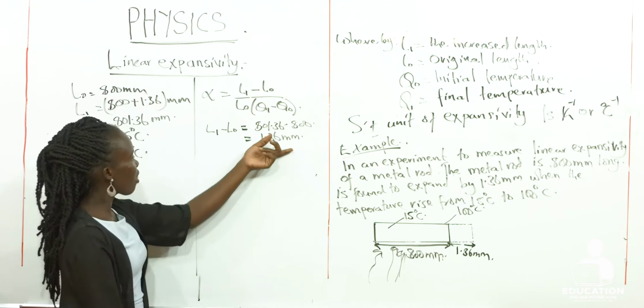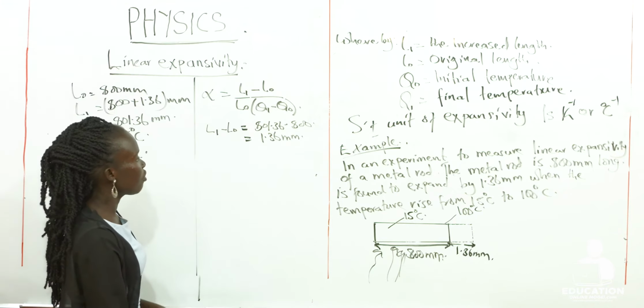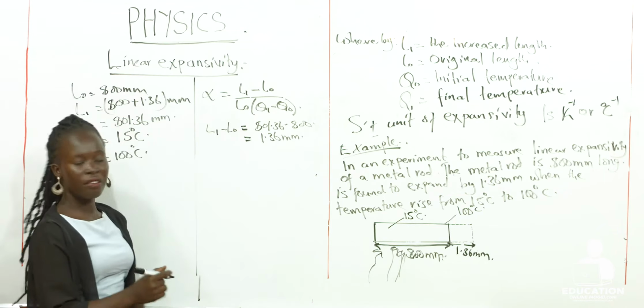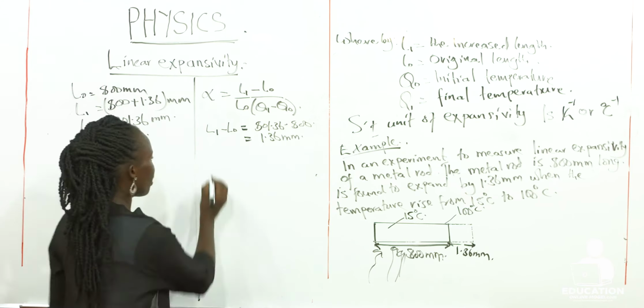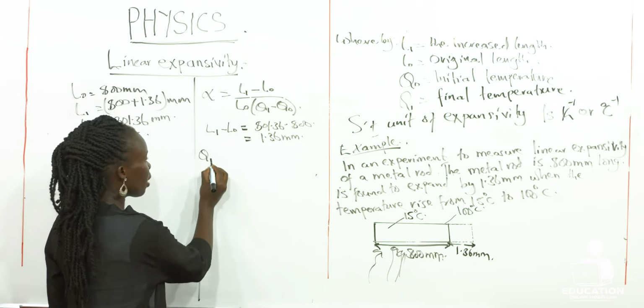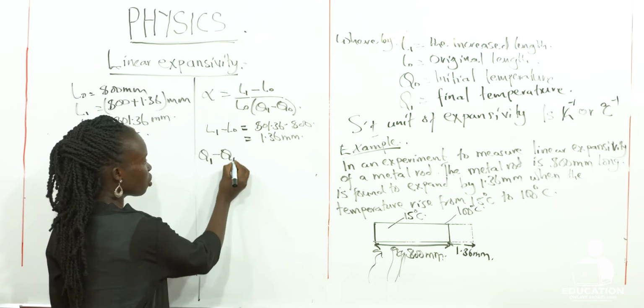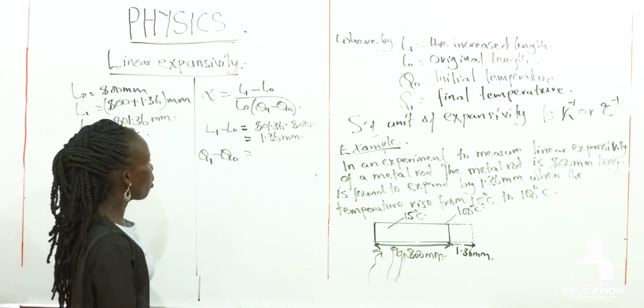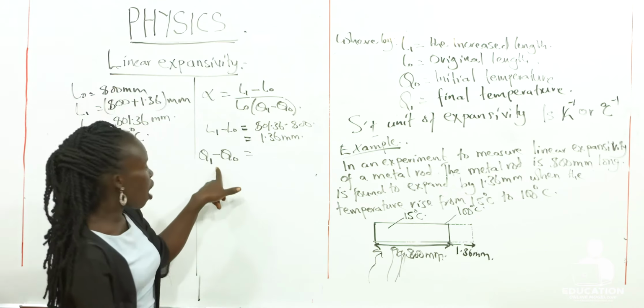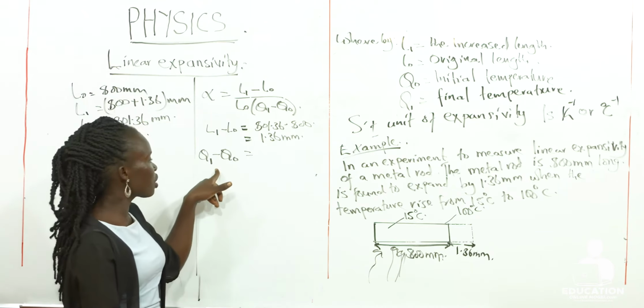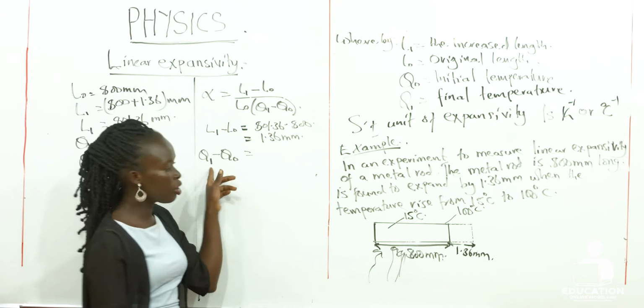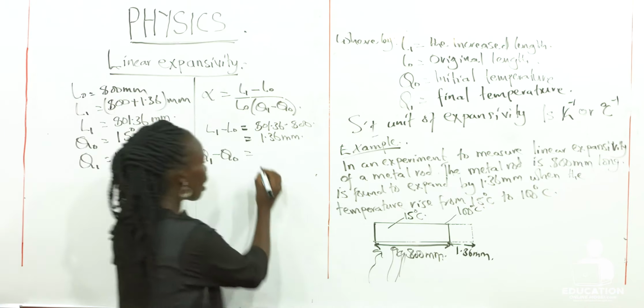So if you had this as your difference in the length, what of the difference in the temperature? When we have our θ1 minus θ naught, what will it equal to? The final temperature of the body was raised to 100.